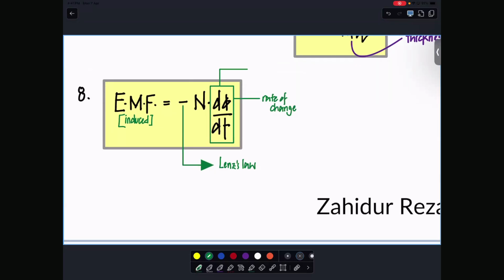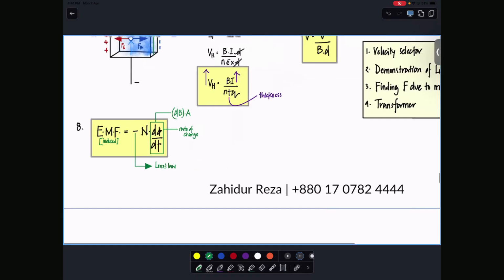Yeah, so phi equals BA, so take out A, it's like a constant. So basically you'll see B fluctuation, they'll give you a graph, typically of a phi versus T graph. Because what will the gradient of the graph give you? Not the EMF, it gives negative EMF, then you have to negate it to get the actual answer. Okay, clear?